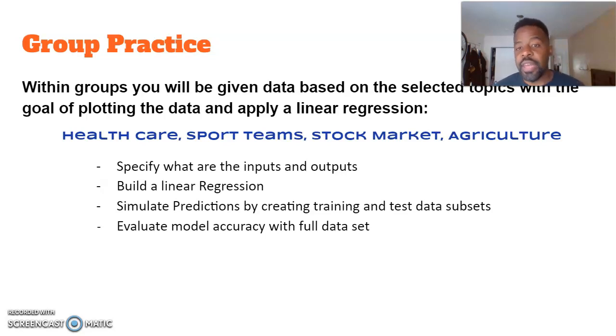Within groups, you will be given a data set based on the selected topics with the goal of plotting the data and applying a linear regression. Again, we need to specify our inputs and outputs, build our linear regression, simulate our predictions by creating training and test data sets, and then evaluate our model accuracy with the full data set.